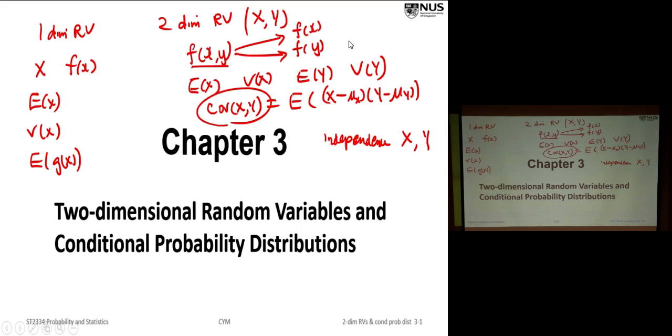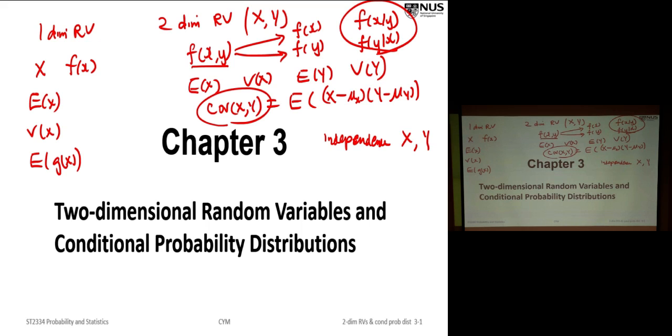That means we just look at x only, forget about y, and look at y only, forget about x. And unfortunately, if you remember in chapter 1, we also talked about conditional probability. So it is just expressed in terms of random variables. These are the few things that we are going to cover.